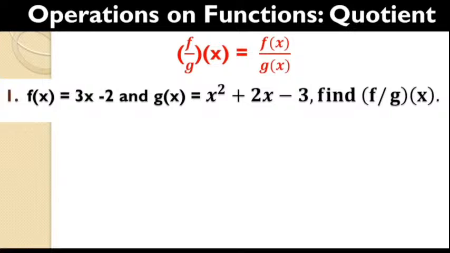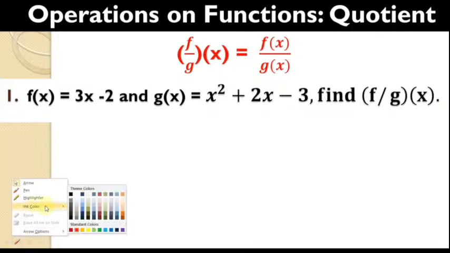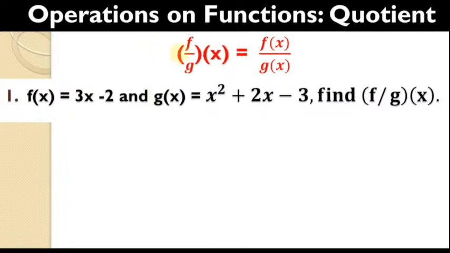Last na tayo, we have quotient. So the formula in finding the quotient of the given functions or function is ito, quantity of f over g times x equals f of x over g of x.